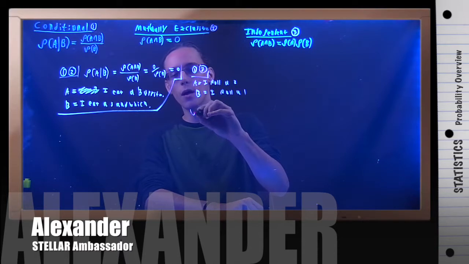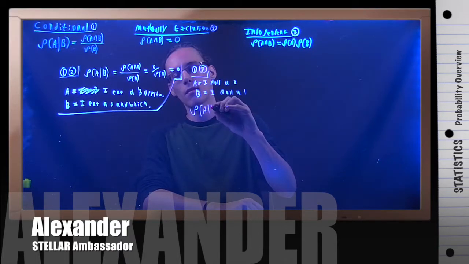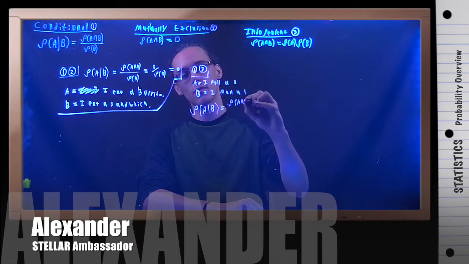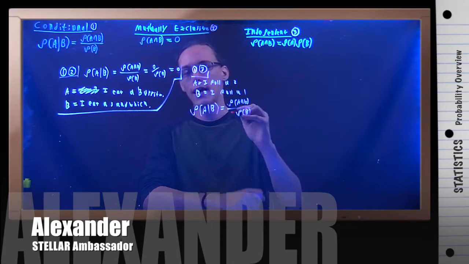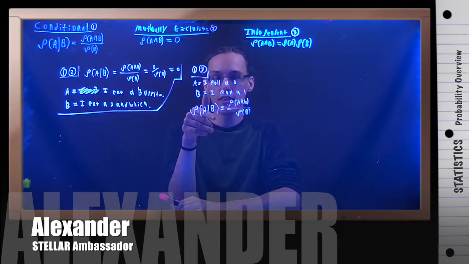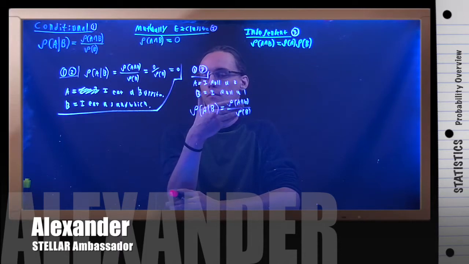So now we're going to say the probability of A given B. And we know that's equal to the probability of A intersect B over the probability of B. So we're asking, what's the probability I roll a 2 given that I already rolled a 1?